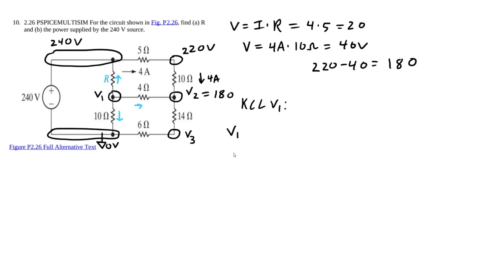So V1 minus 240 divided by R, and then V1 minus 0 divided by 10, and then V1 minus V2 divided by 4 equals 0.